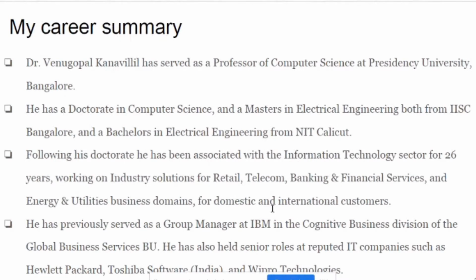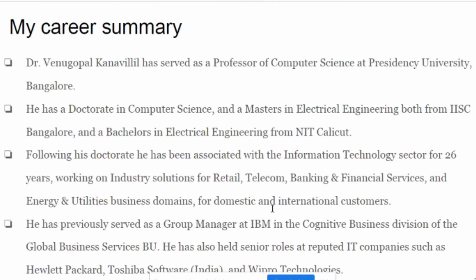Some of you may have heard about a product called Watson, which was a cognitive platform of IBM. This group was working on consulting, technology support and product related support for the Watson business unit. I've also worked in companies like Hewlett Packard, Toshiba and Wipro Technologies.